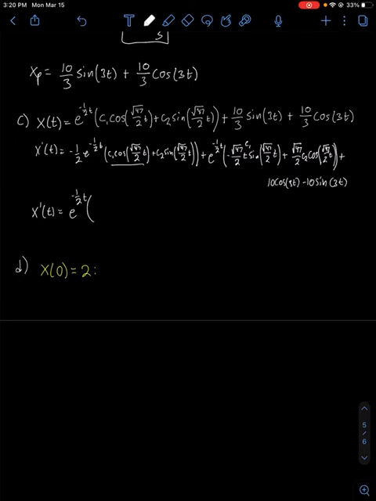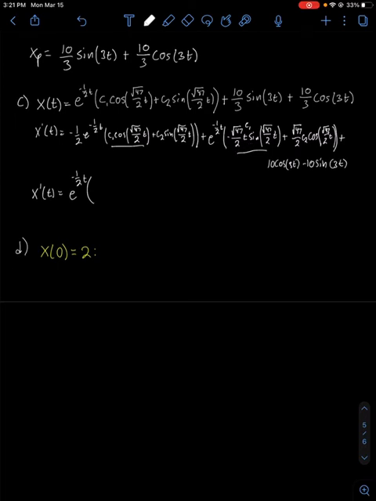So with C1 and this term and this term here, let's see what we're going to be able to take out. There's going to be a negative 1/2 with the first C1 right here. There's going to be a negative 1/2 with the second term right here.